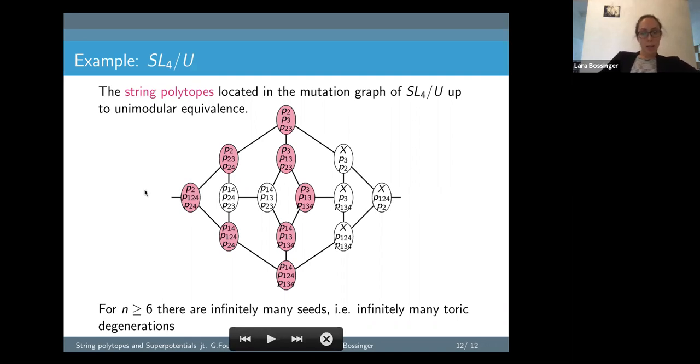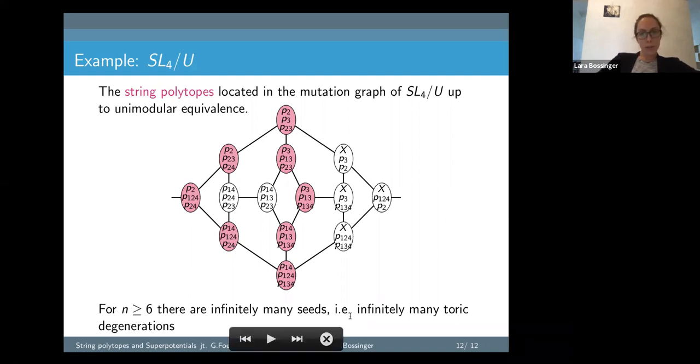But this picture, because n equals 4 is quite small, is also a bit misleading, because here we only have finitely many seeds. As soon as n grows, actually we just have one more case, n equals 5, where we have finitely many seeds, and beyond that we have infinitely many seeds. So in particular, using this Gross-Hacking-Keel-Kontsevich construction for large n, we get an infinite number of toric degenerations for the flag variety, while for string polytopes we always have as many as the number of reduced expressions.